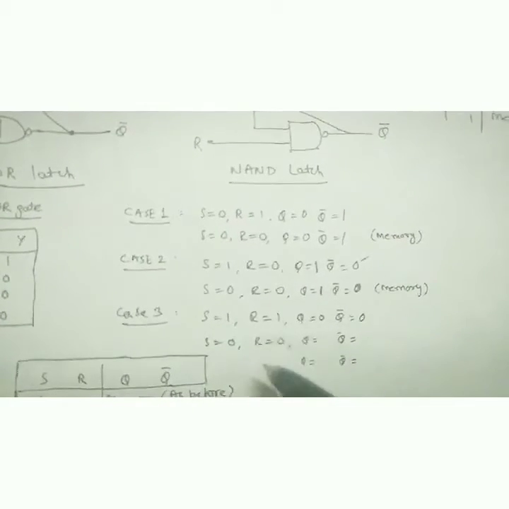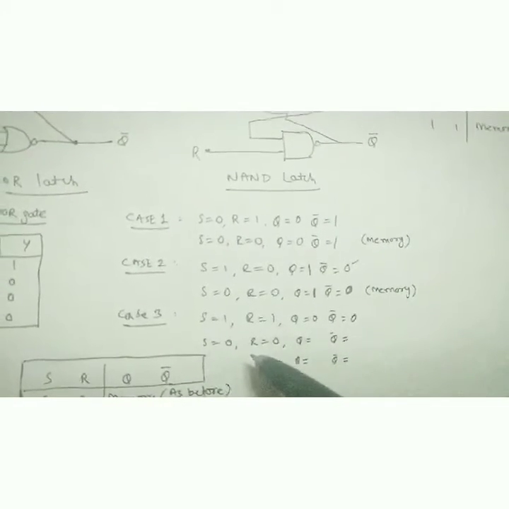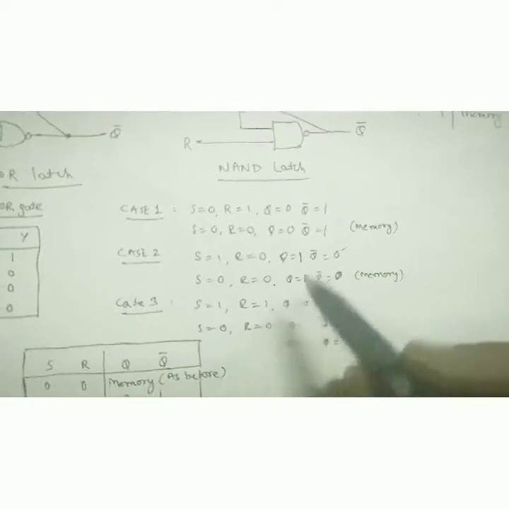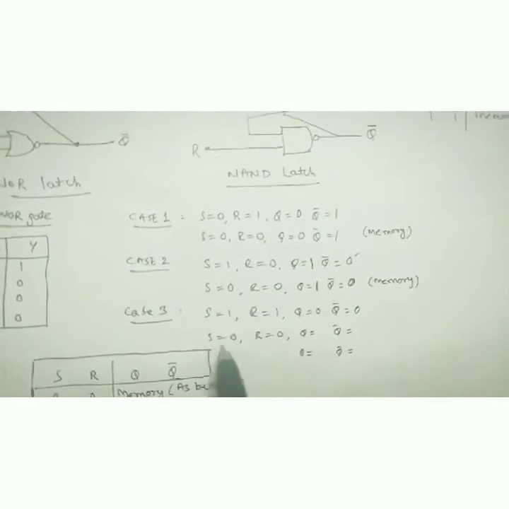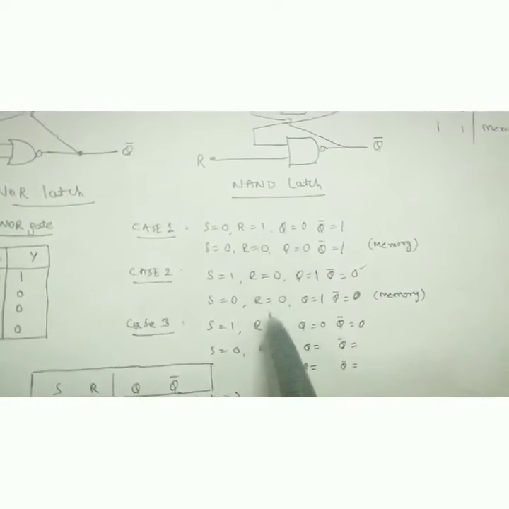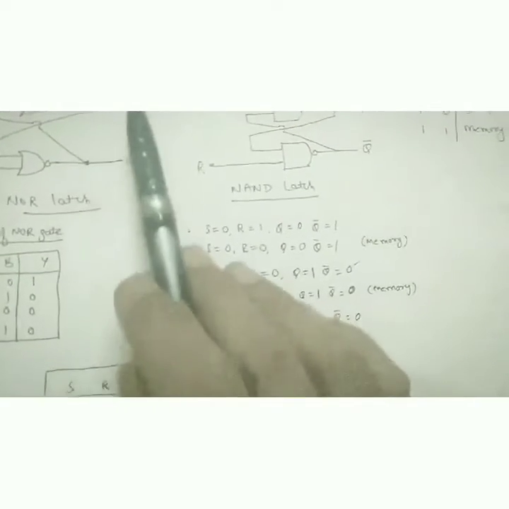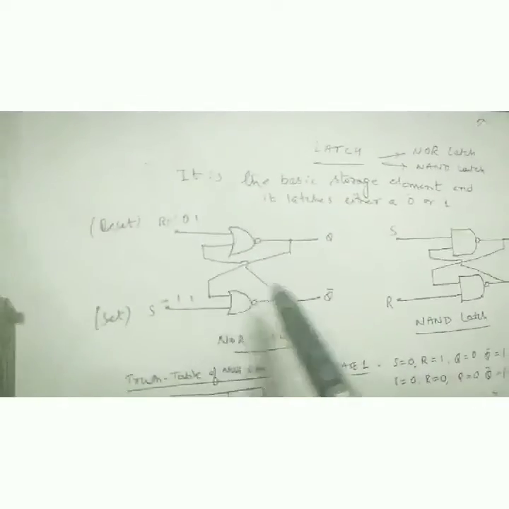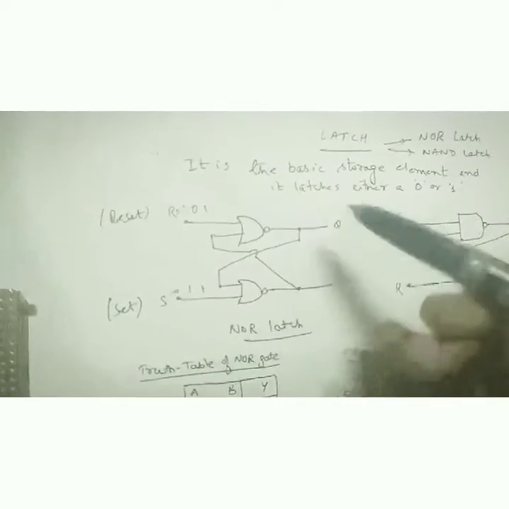Now considering another aspect, suppose both the inputs are removed like we had done in our earlier two cases. Let us imagine that these two are 0 and we have removed the inputs, that is S equal to 0 and R equal to 0. Now we'll have a look at this circuit diagram. What will happen?